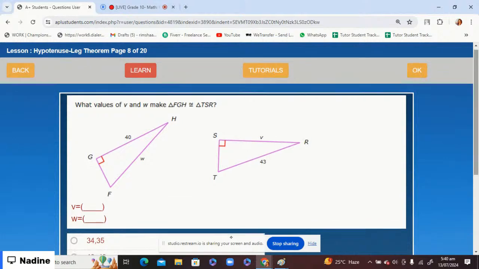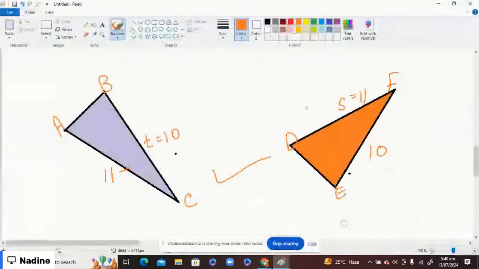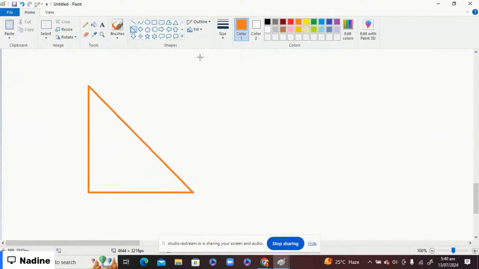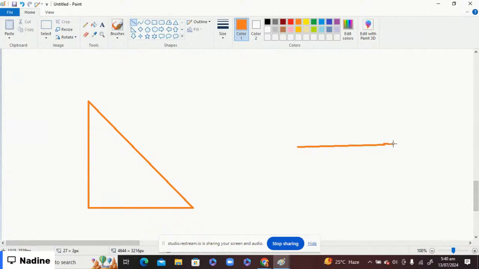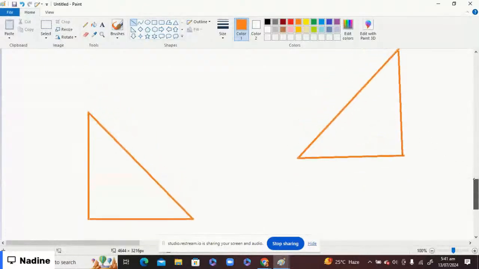Now, for example, I'm going to take two triangles, then you try to solve it, okay? These are the two triangles.